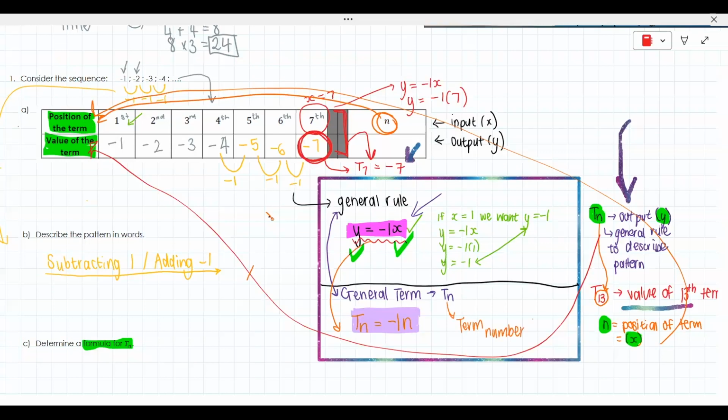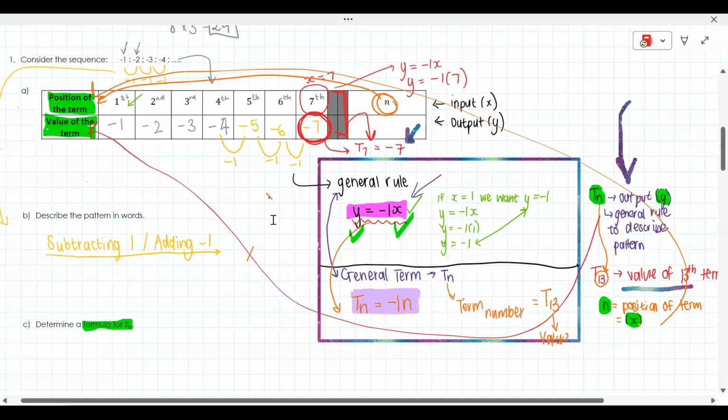So if we have term number 13, we are looking at the value of term 13. So the T and the n come from the values of terms and the number of terms. That's where T and n come from. Does that answer your question?